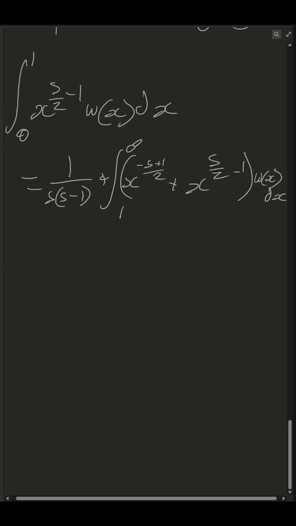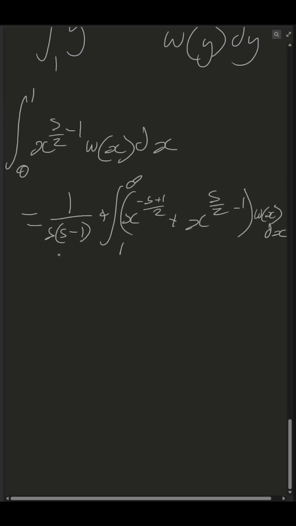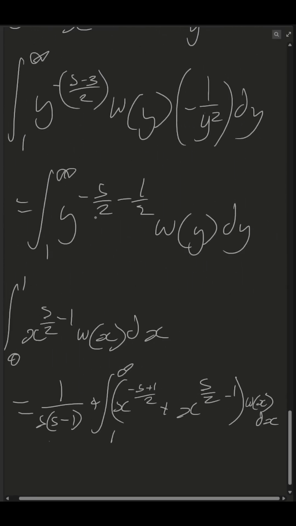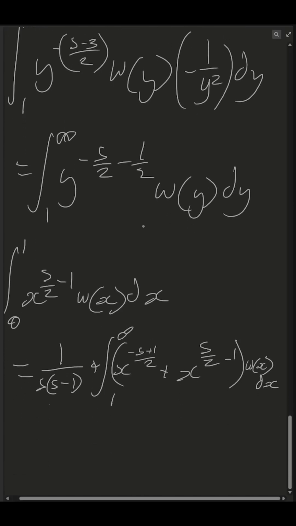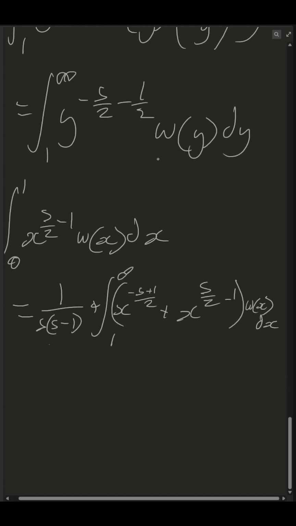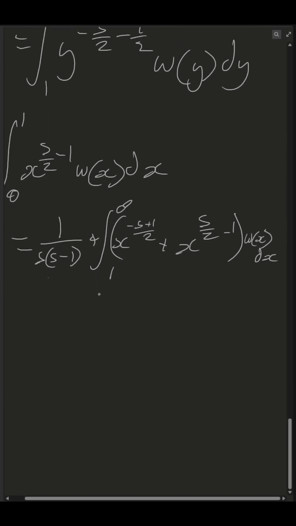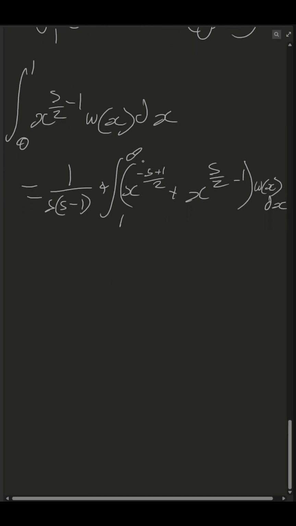Sorry, what we get from this is that this decays to 0 essentially, because of how we define the w of y. So the rest of that integral is just 1 over s times s minus 1.